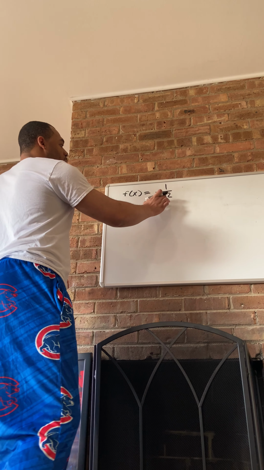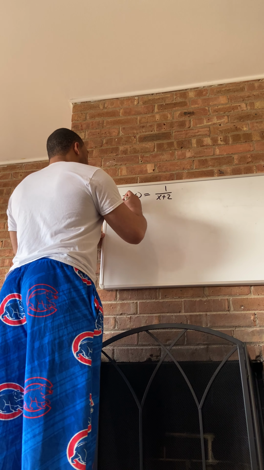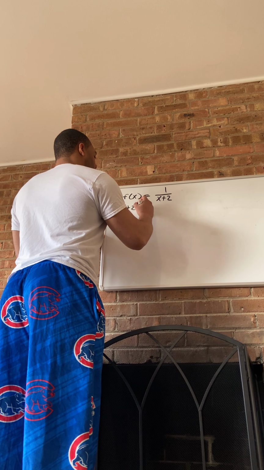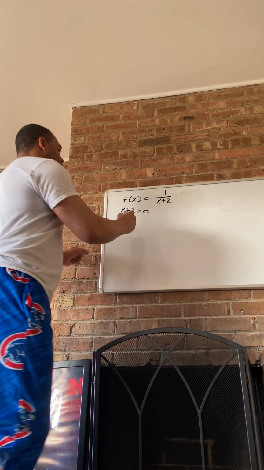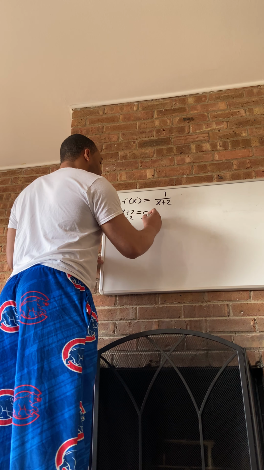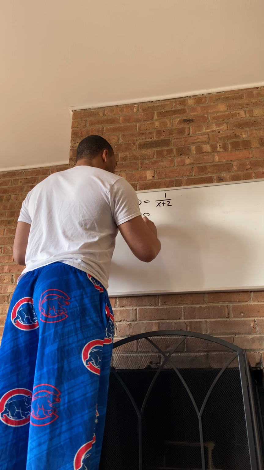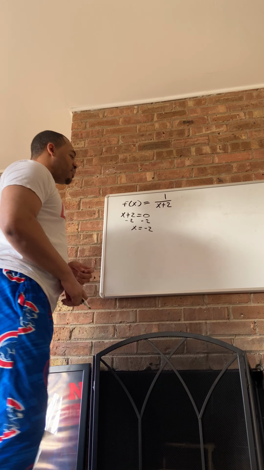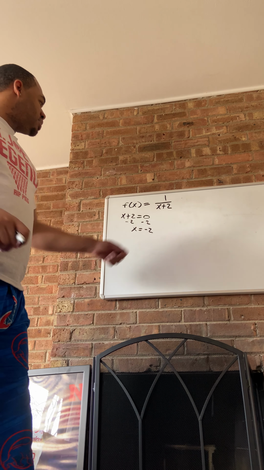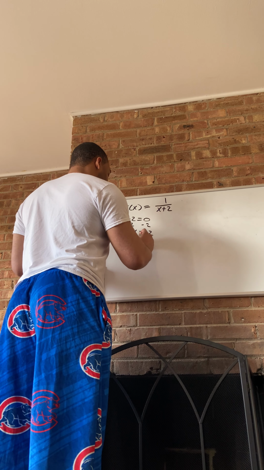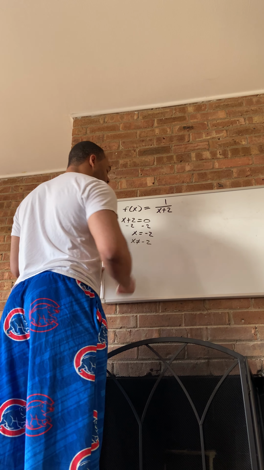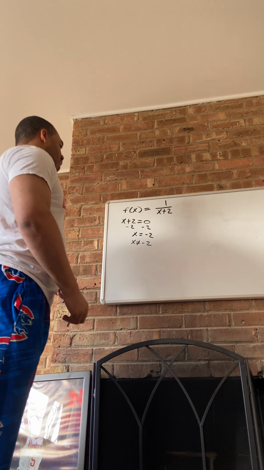So I'm going to take my denominator, x plus 2, and set it equal to 0. To get x by itself, I subtract 2 from both sides, which tells me x equals -2. Since x is equal to -2, my domain says that x cannot equal -2.